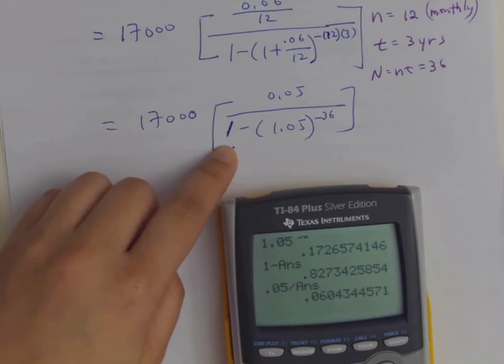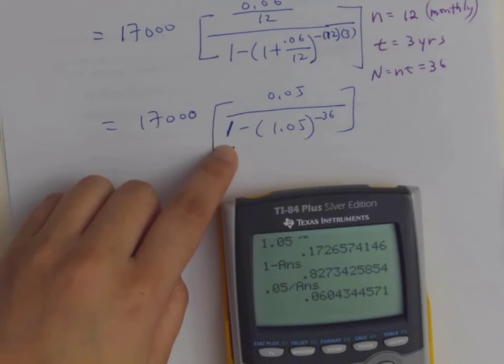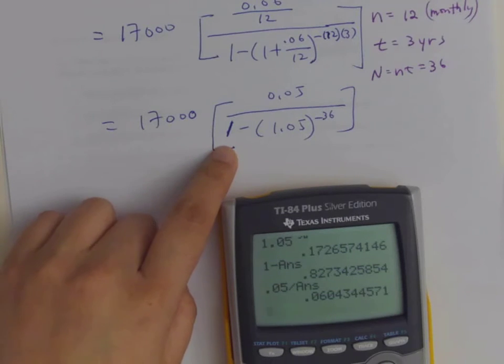So that's what I'm multiplying by. Is it right? We're a little bit off, so let me double check my work.